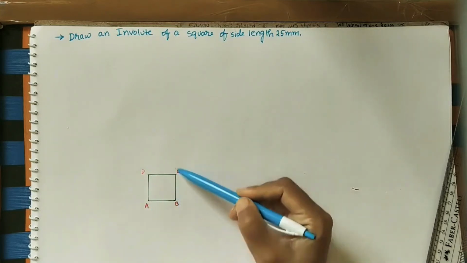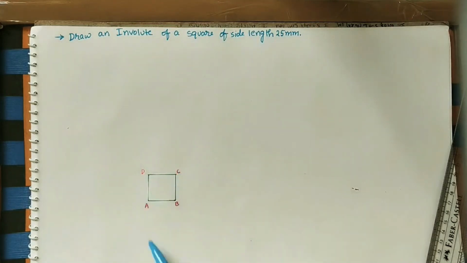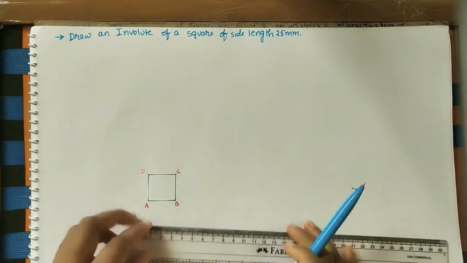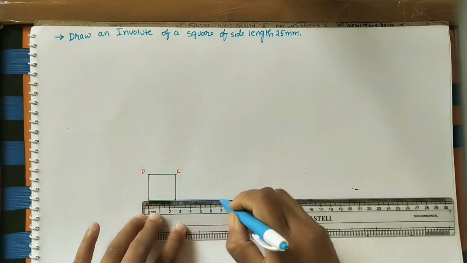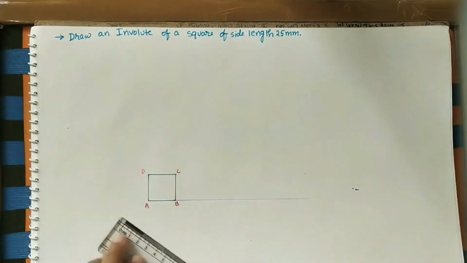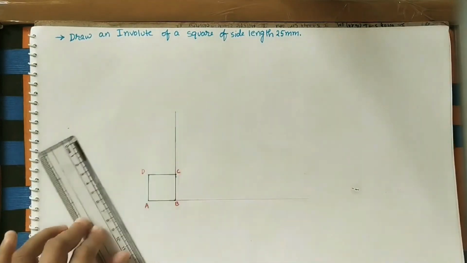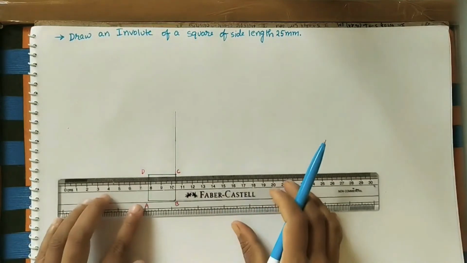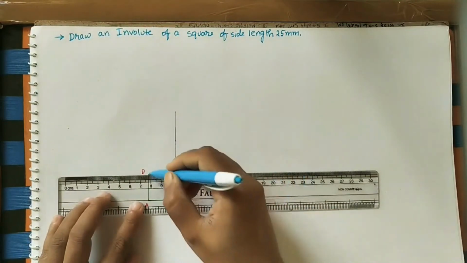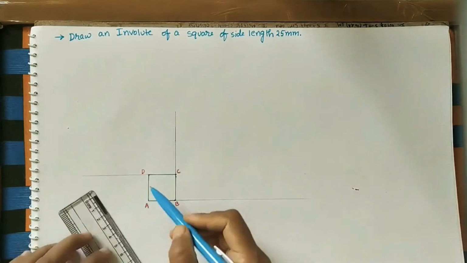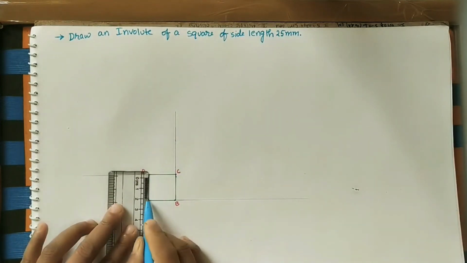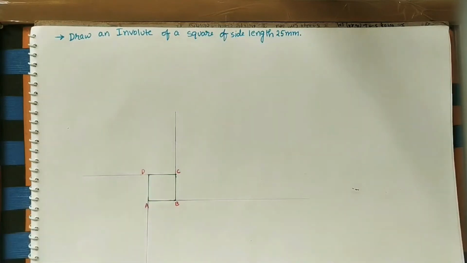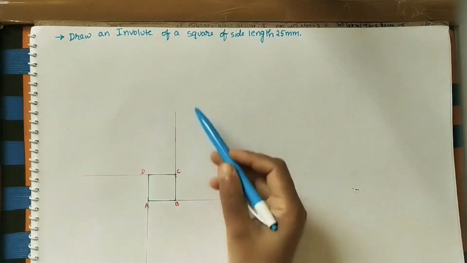The square has 4 sides, each of length 25, so 4 into 25. How much? It is 100, the circumference distance.